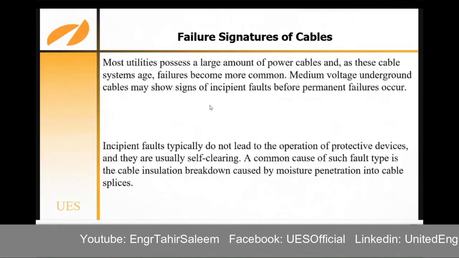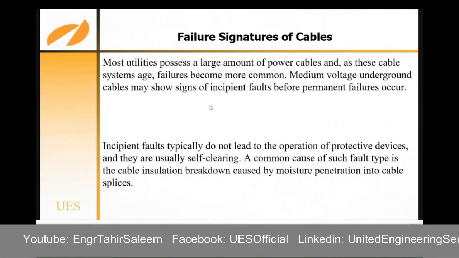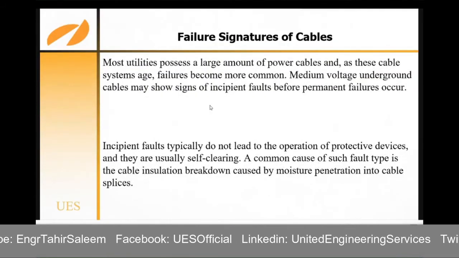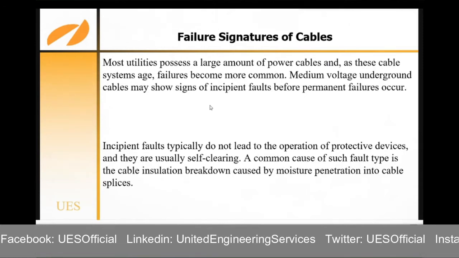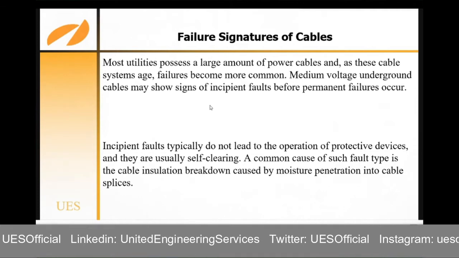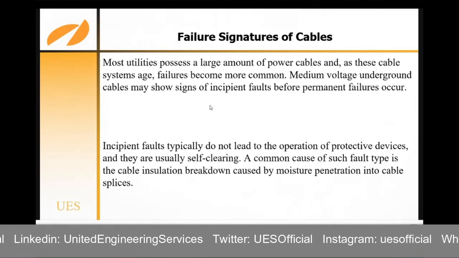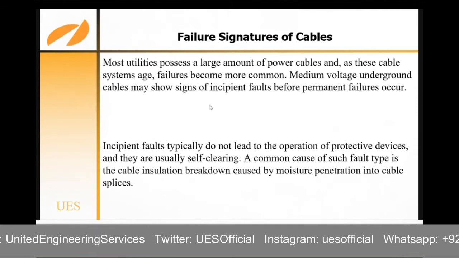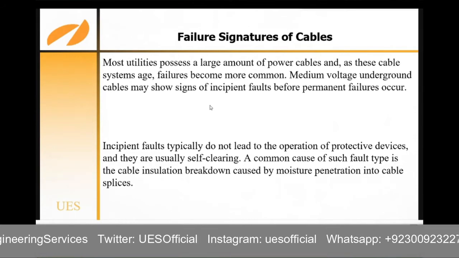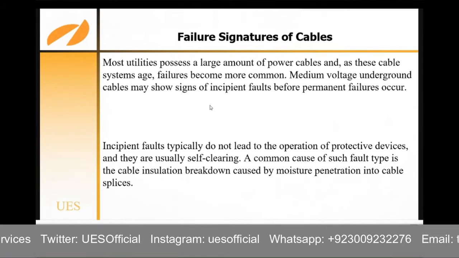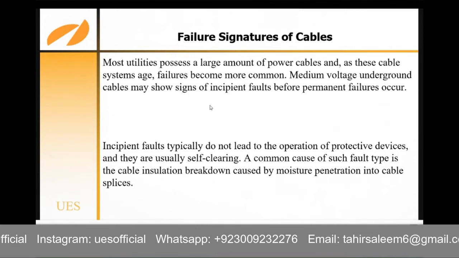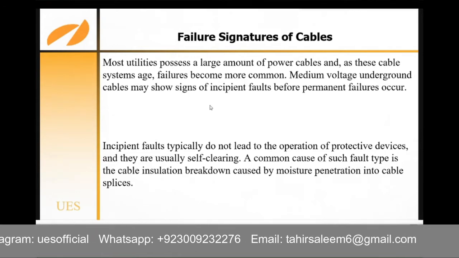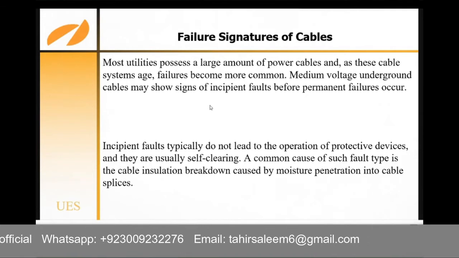So these faults are actually like a rusting process in metal, which rusts before the metal gets totally broken. If you put it somewhere with a high content of moisture in the air, it starts to rust, and this rusting process damages the metal and breaks its strength.